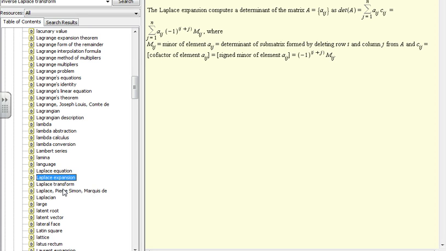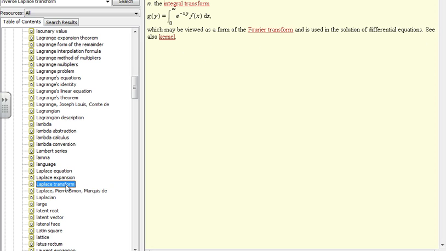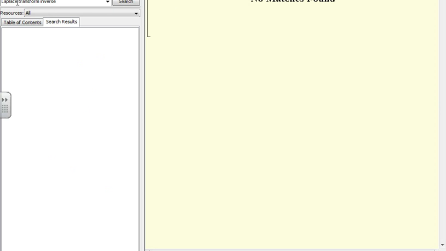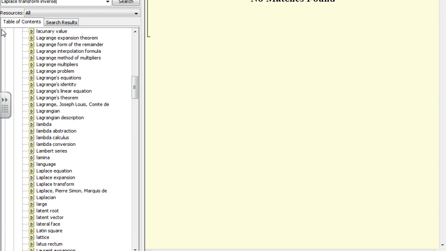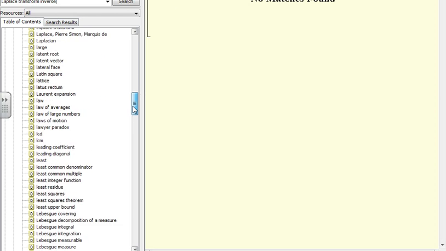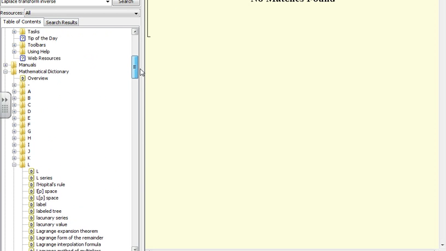So now the issue is, where the heck are you? Laplace transform inverse. Boy, it is being stubborn, isn't it? Well, you spell inverse with an I, right?